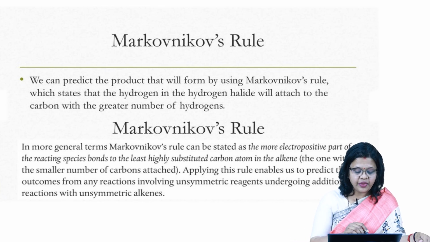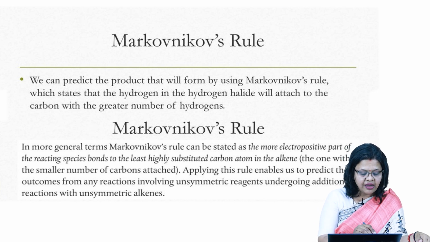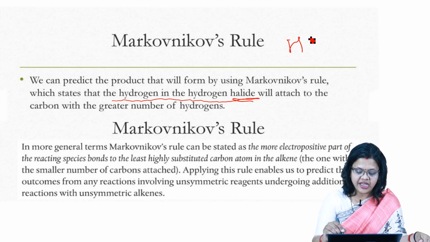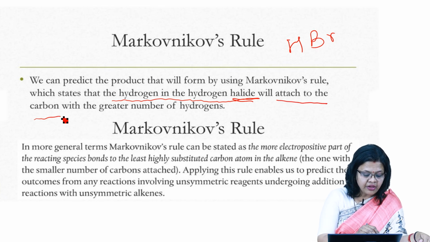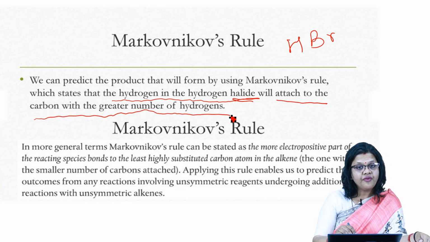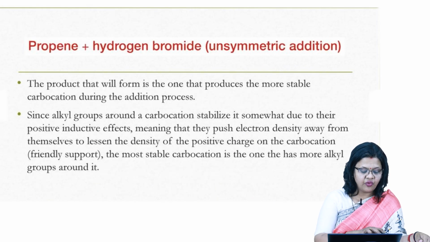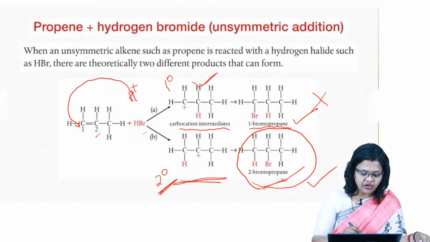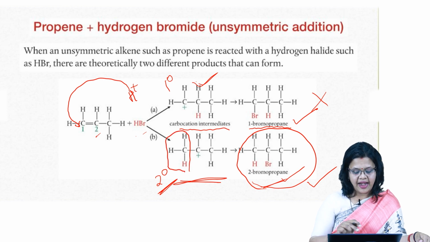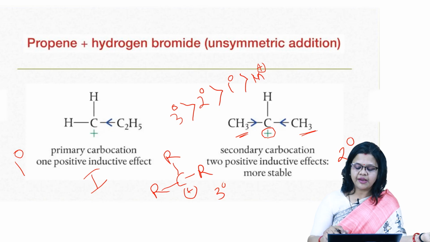First, we can predict the product by the Markovnikov rule, which states that the hydrogen in the hydrogen halide, as in the case of HBr, will attach to the carbon which has the greater number of hydrogens. We have seen that it was true in this case. This is one way of stating Markovnikov's rule.